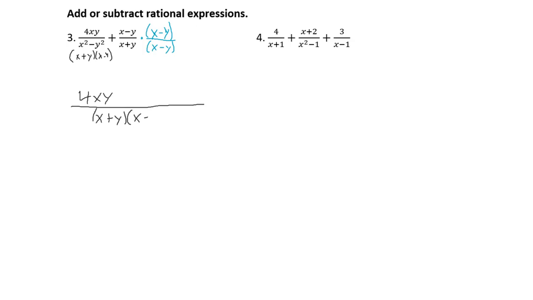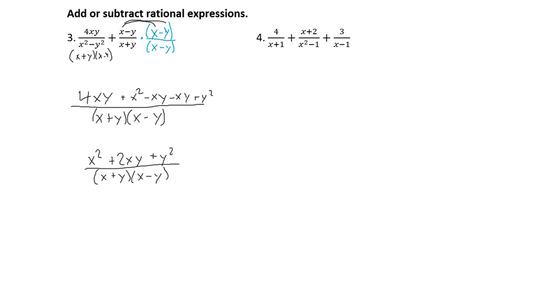x minus y, and then on top, distribute, we get x squared minus xy minus xy plus y squared. And then we're going to simplify that. We get x squared, 4x minus xy would give you plus 2xy plus y squared, all over x plus y, x minus y.